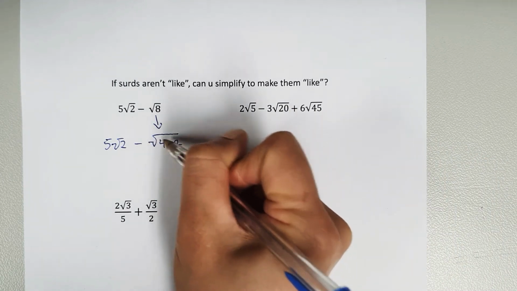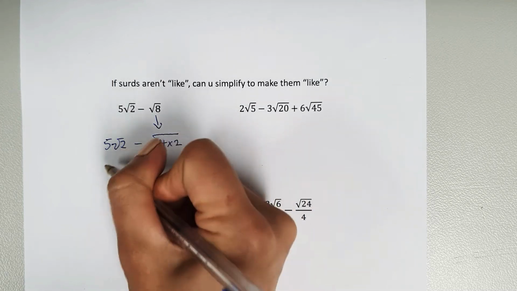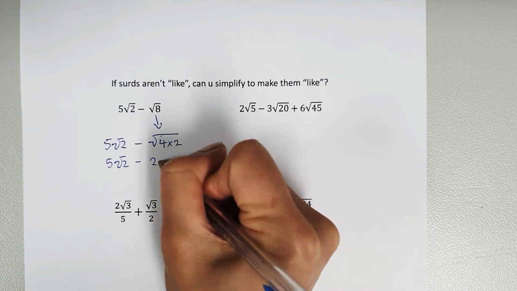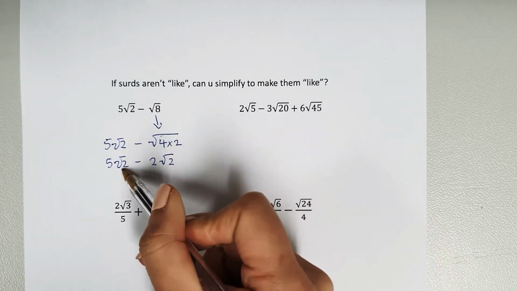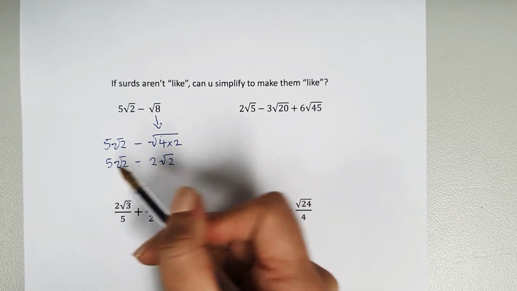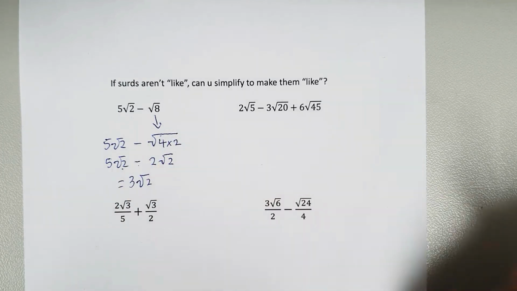And that's the same as root 4 times root 2. And remember, square root of 4 is just 2. So we can write 5 root 2, square root of 4 is 2, and we're left with root 2. And now we actually have like surds. And then we can subtract 2 from 5. So 5 take 2 is 3, root 2, and that will be your final answer.